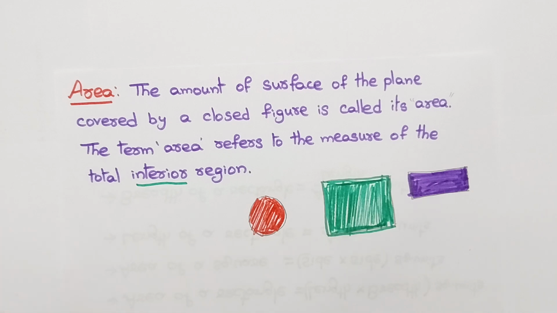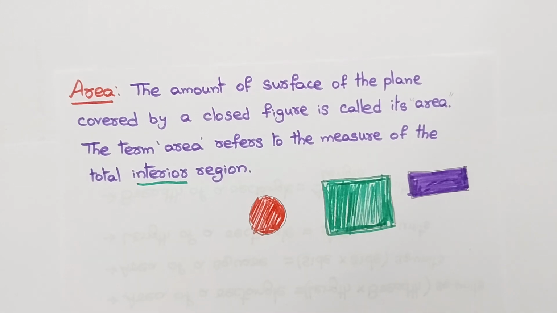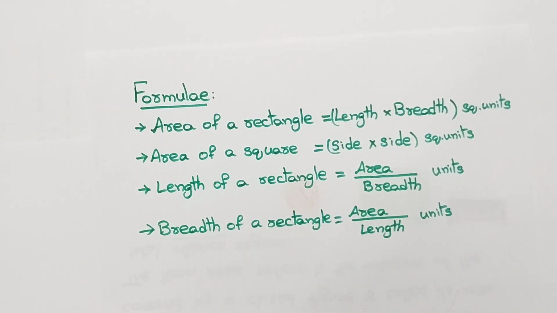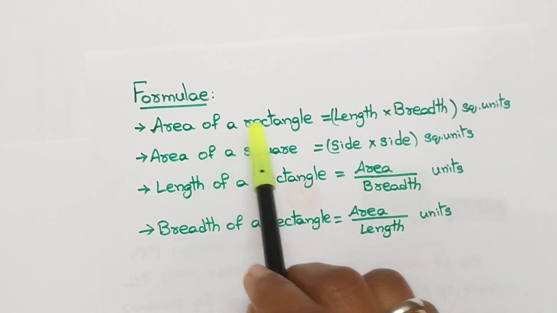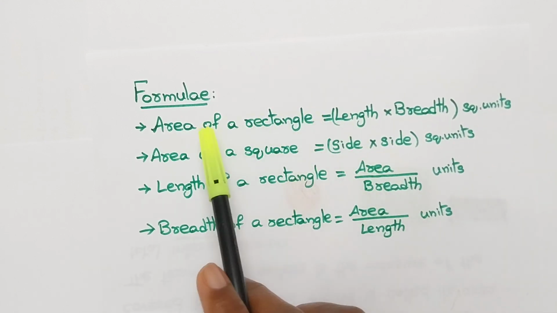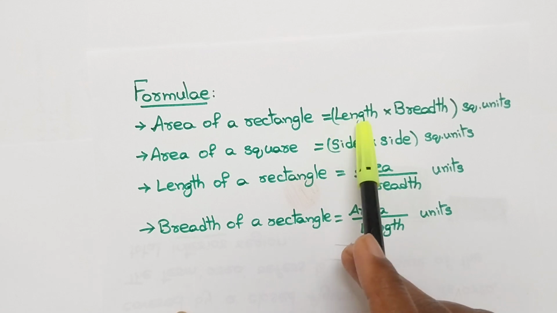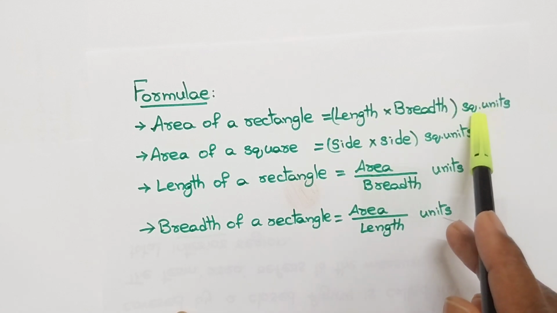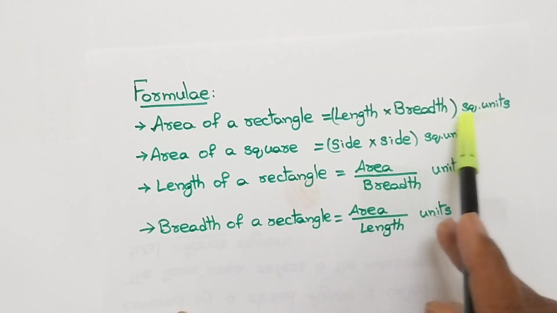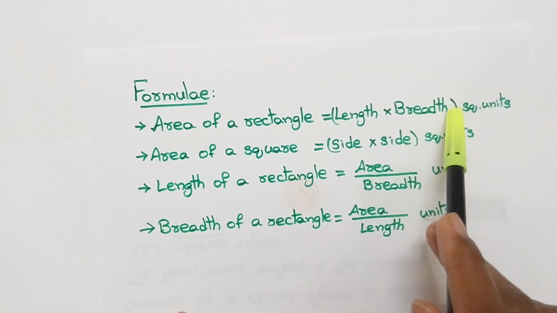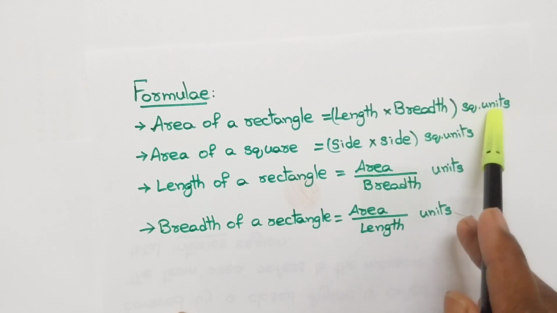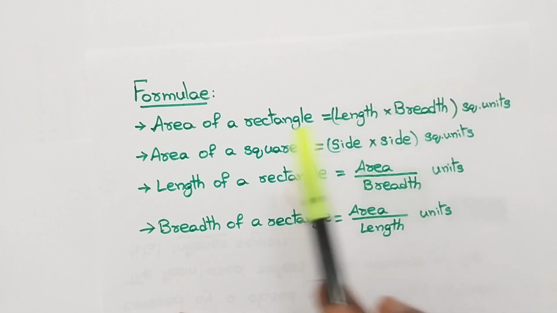So, for this area, we have a formula. Area of rectangle equals length into breadth, square units. Point this out: not units, square units. For area, square units.